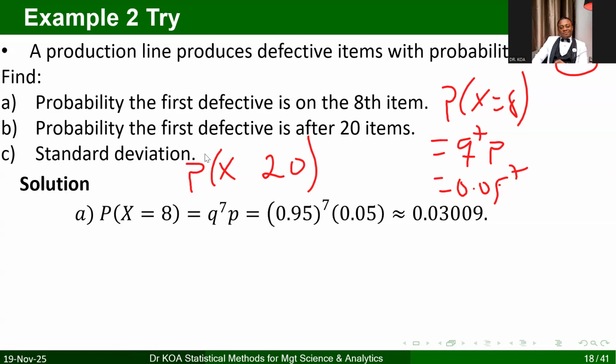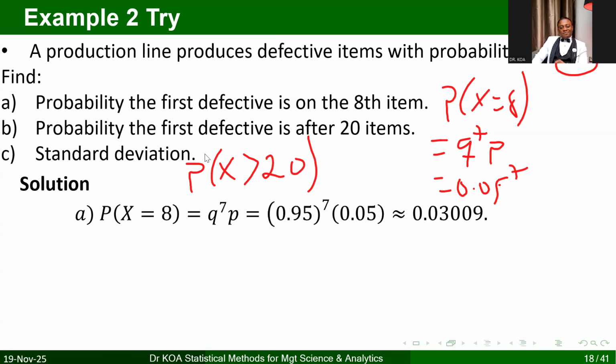Remember, the defective is a success. Yes. And so X is greater than 20. Exactly, it's greater than 20 because there are so many possibilities, so many items that are after 20. So you just want to find this one, which is not simple. It means that infinity is even a possibility, but we are just looking at the probability.